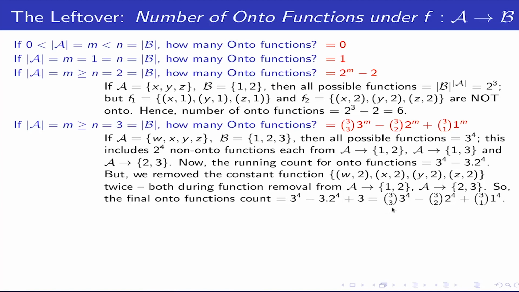In 3C1 ways. Now we are at a situation to somehow bind this with respect to a formula that I magically showed you in red previously. So it is 3C3 into 3 to the power m, where m is 4 and appears everywhere, minus 3C2 into 2 to the power m, plus 3C1 into 1 to the power m.